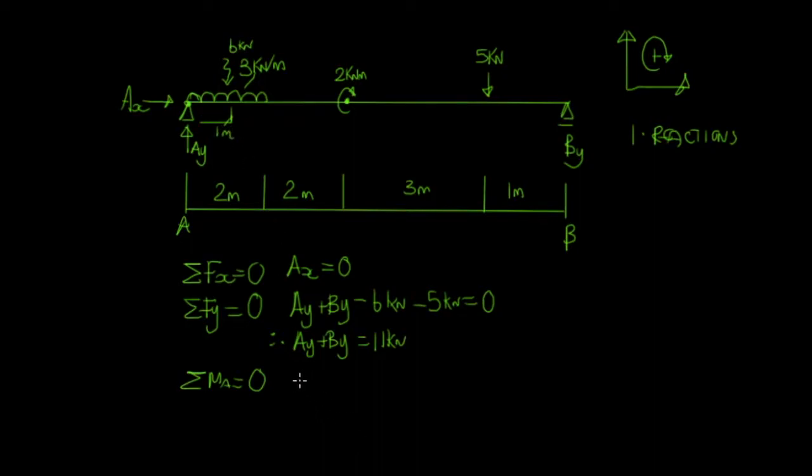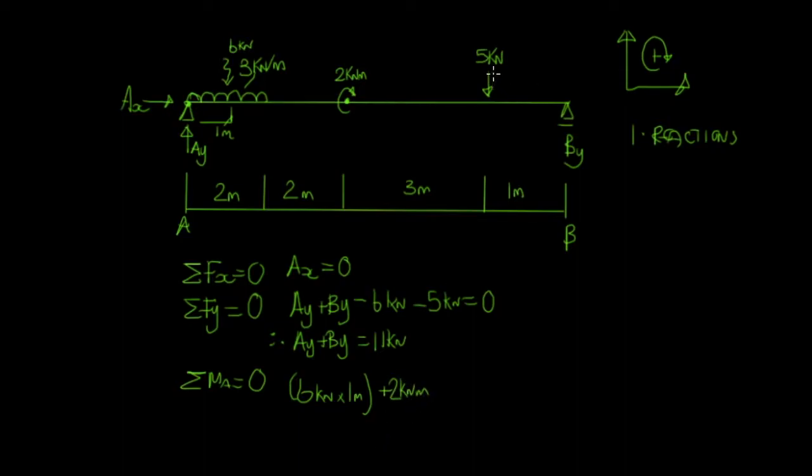So that's going to be 6 kilonewtons times 1 meter, put that in brackets, and that is pushing us around clockwise, so that's going to be positive. We then also have 2 kilonewton meters acting 4 meters away, but this is just going to be 2 kilonewton meters because it's already a moment.